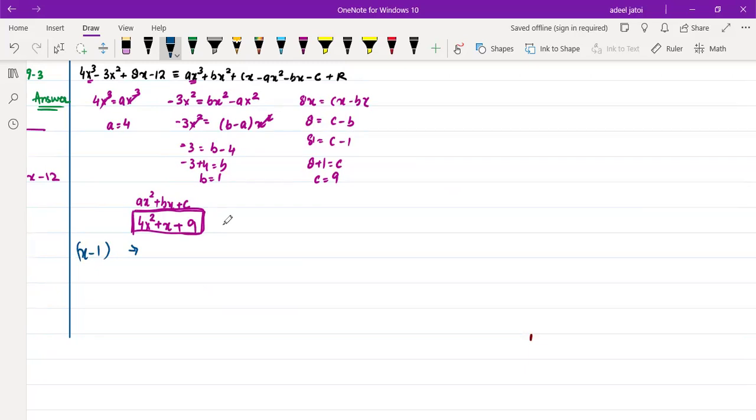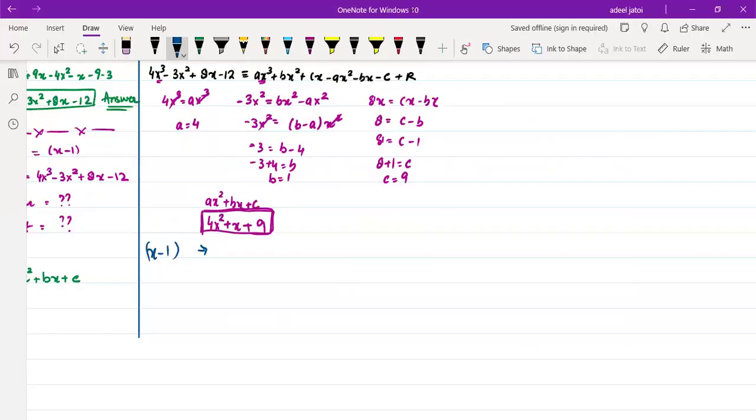So what we can do is always take x minus 1, knowing that x minus 1 is equal to 0 and x will become 1.